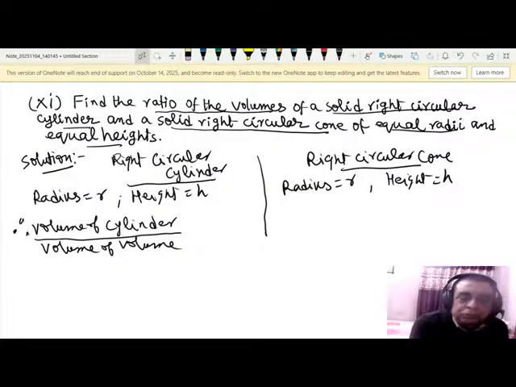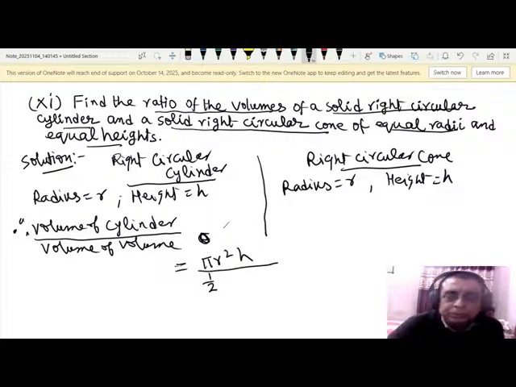So what is the formula here? The formula of the volume of the cylinder is pi r squared h.